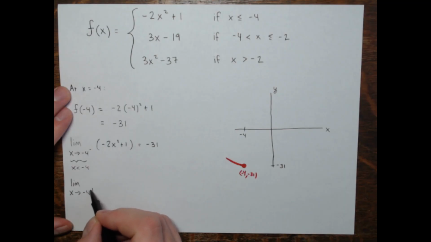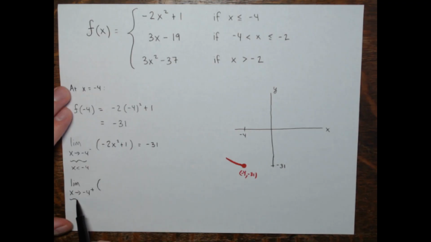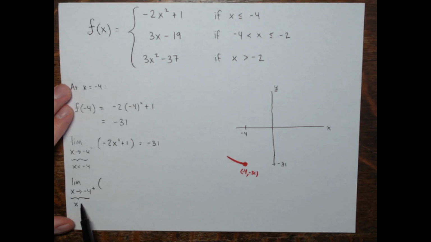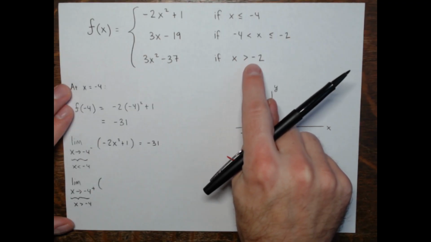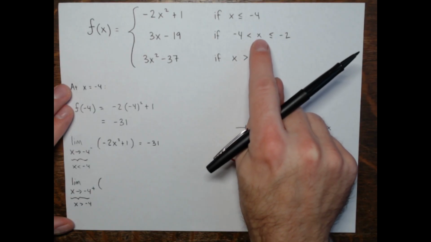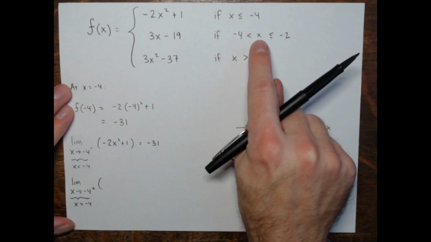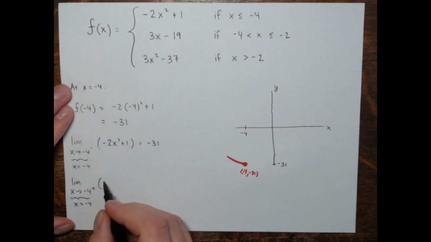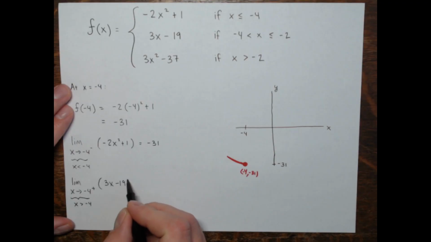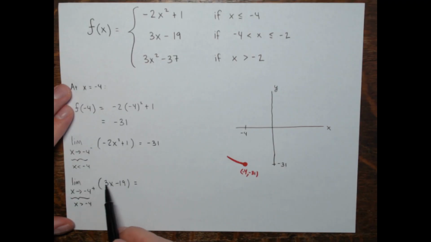So the limit as x approaches -4 from the right. Now when x approaches -4 from the right, that means I'm plugging in values greater than -4, but still close. So this bottom piece, yeah, these are all greater than -4, but they're not close to -4, right? The ones that get you close to -4 are here, where I'm just greater than -4 in this part. So I'm going into this middle piece, the 3x minus 19 expression. And again, -4 is part of the domain here, so I can just apply the limit laws and make a direct substitution.